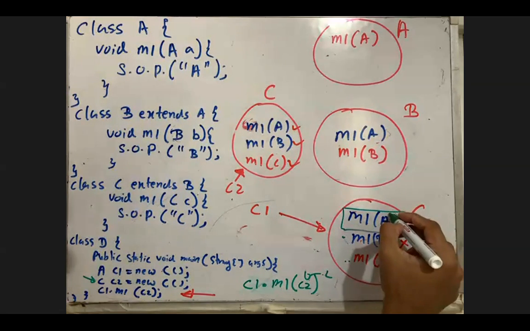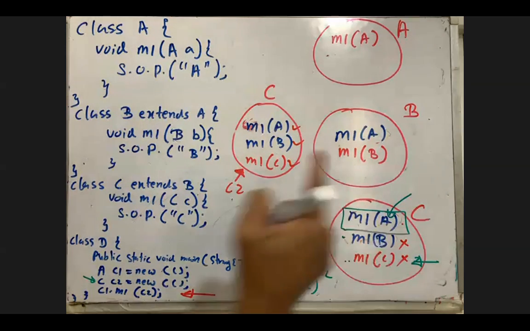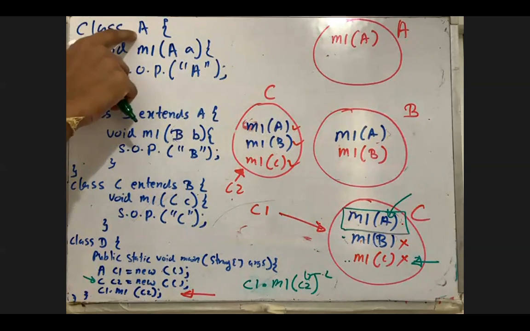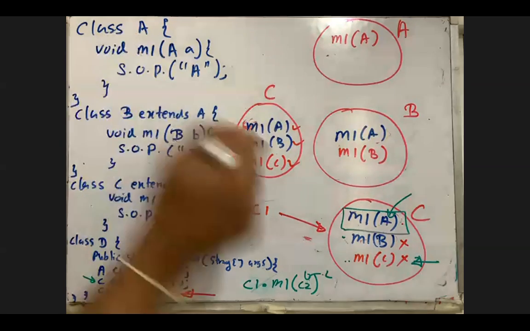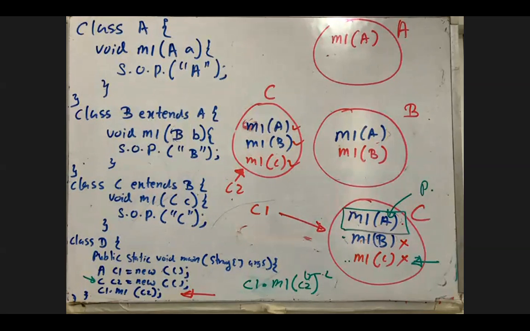To call this one, which kind of object do you have to pass? An A type object, meaning a parent type object. But I told you a parent can hold any subclass object.